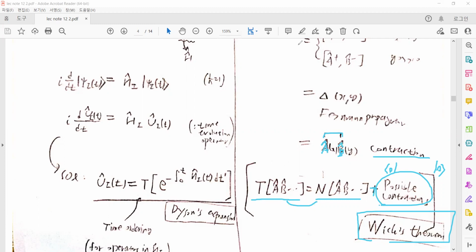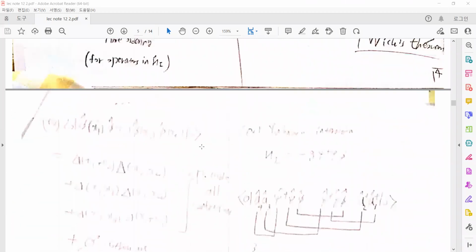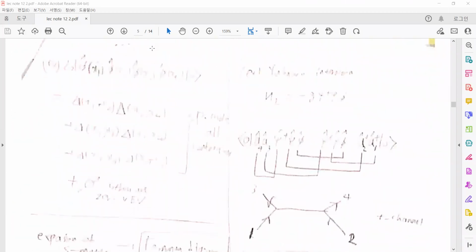So we can derive the Feynman rules from Wick's theorem. For example, in phi-four theory, the perturbing Hamiltonian is given like that. There are four phi, and the all possible contractions are given like that.